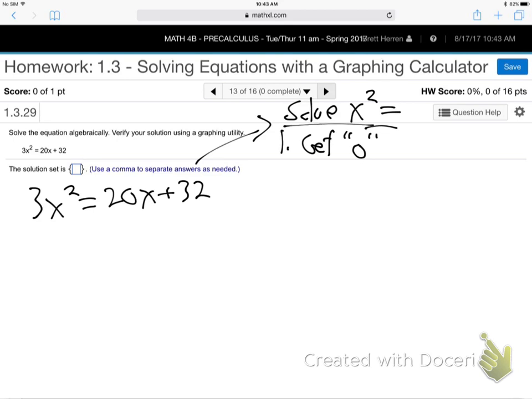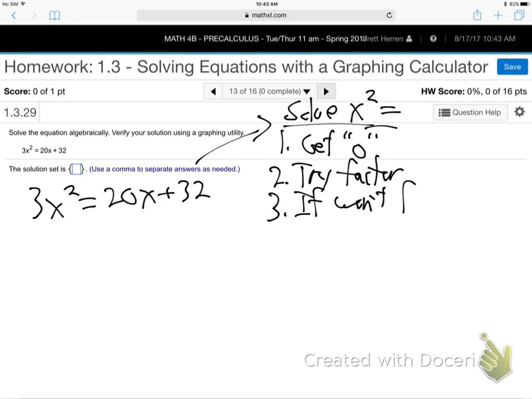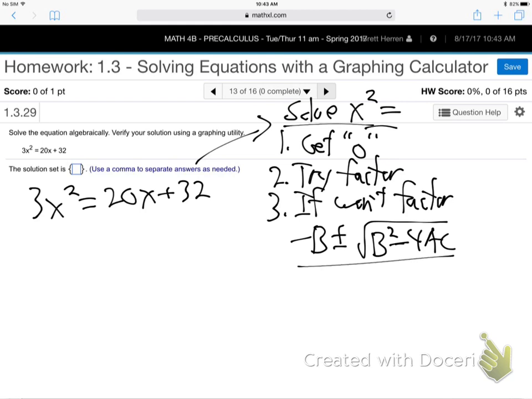So step 1 is you get a 0. Step 2 is you try to factor. And step 3, if it won't factor, then you use the quadratic formula. Remember the quadratic formula? I don't think we need the quadratic formula in this section. I think they'll all factor. But some people just like to use it better anyway.